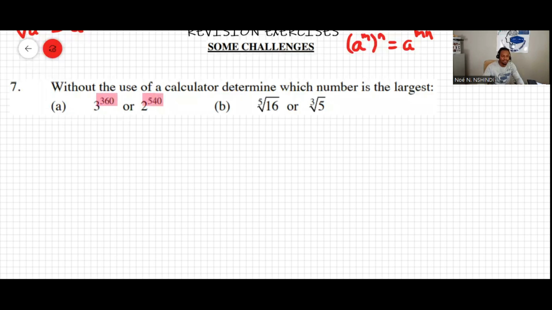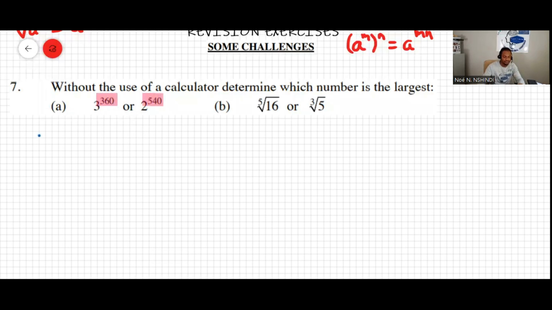What I'm thinking of is the fact that when I look at these numbers, they have a common factor. They can be divided by 90. 360 and 540, I can divide both by 90. Let me write the exponents down here.